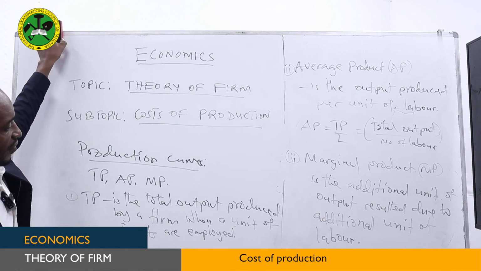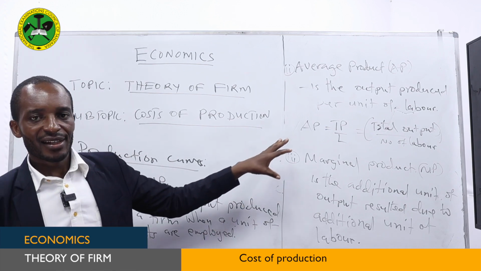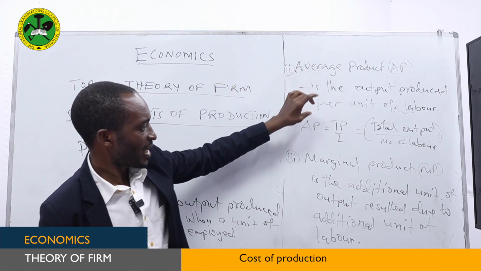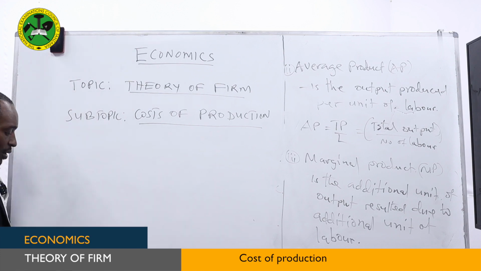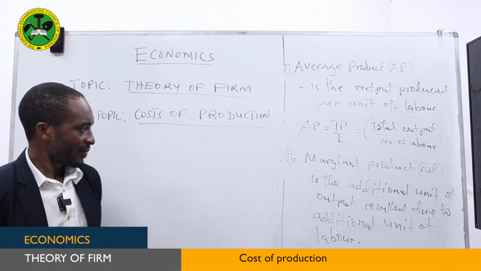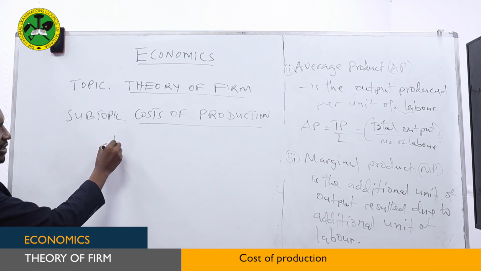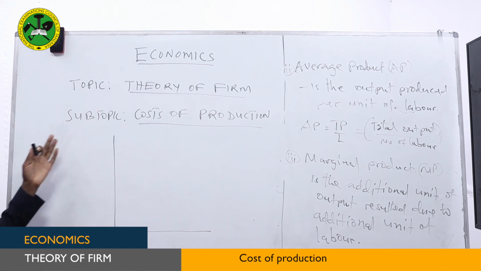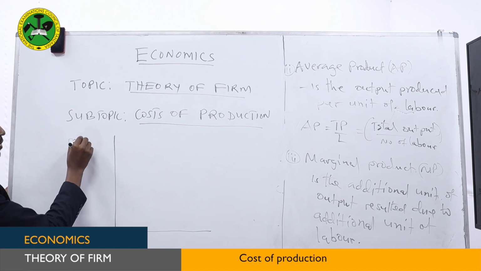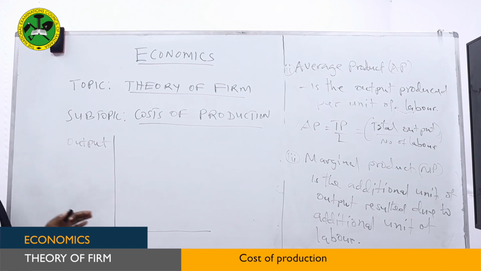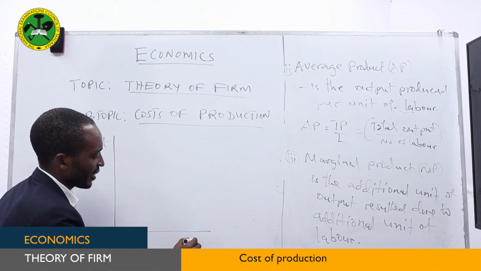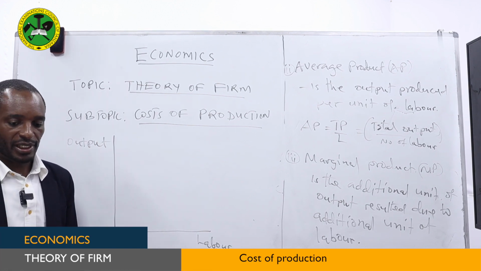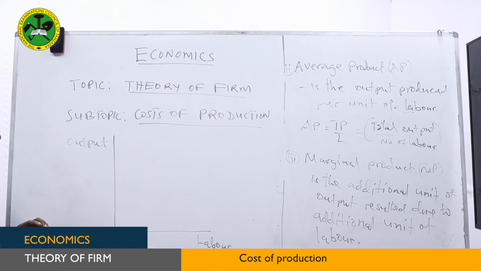Now let us show graphically three concepts: total product, average product, and marginal product. When you show it graphically, you draw the vertical axis and the horizontal axis. On the vertical axis you put the output which is produced, and on the horizontal axis you put the number of labor employed by the firm.